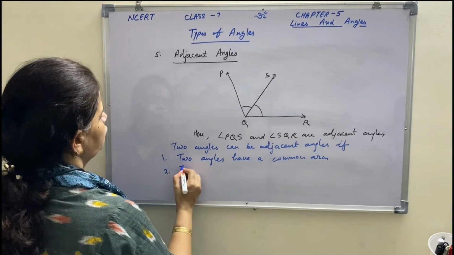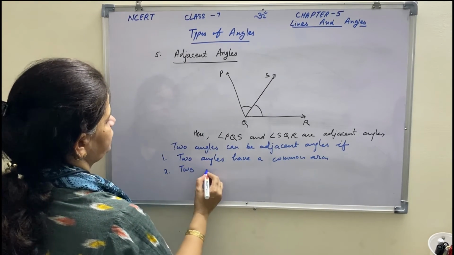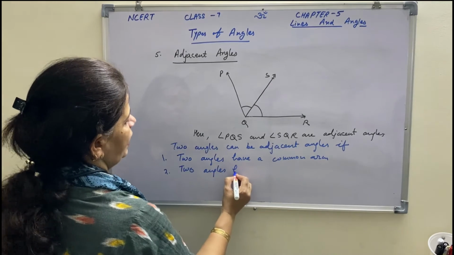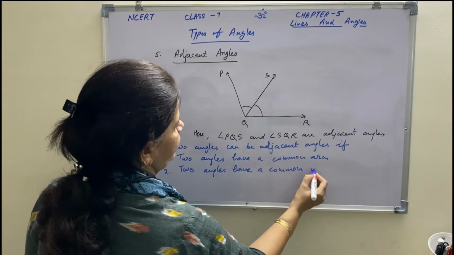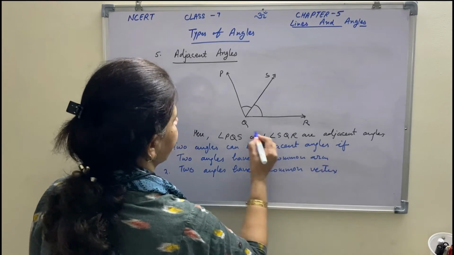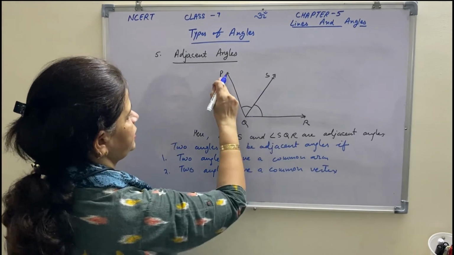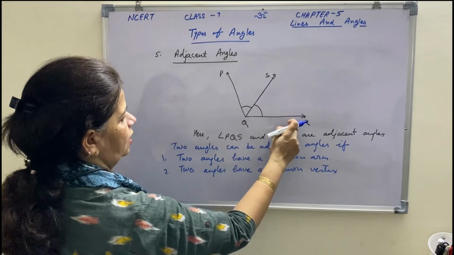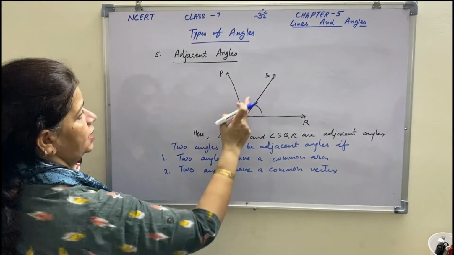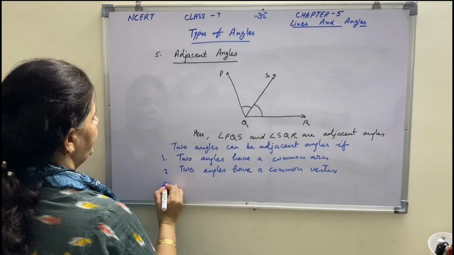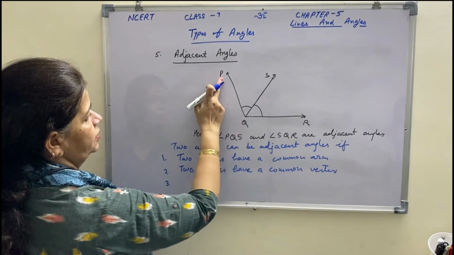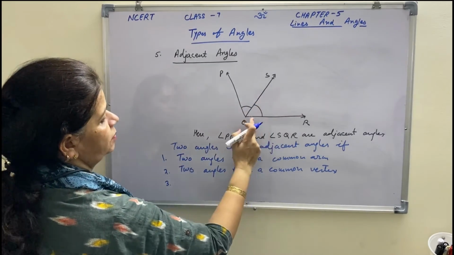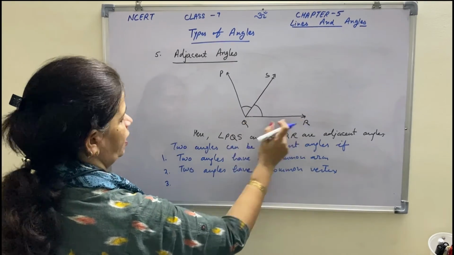Number two, they have a common vertex. Two angles have a common vertex, and which is the common vertex here? Q. Q is the common vertex in PQS and SQR. Common arm is QS. And number three is uncommon arms. Here the uncommon arm is PQ and the uncommon arm for the other angle is QR.